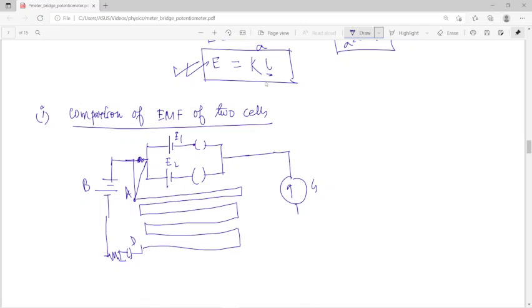This is the galvanometer that will be connected to the wire at some point where we will get the null point. Say the null point is N.